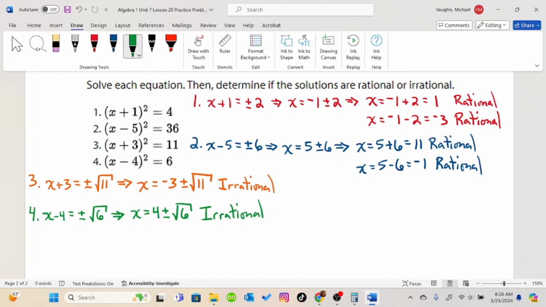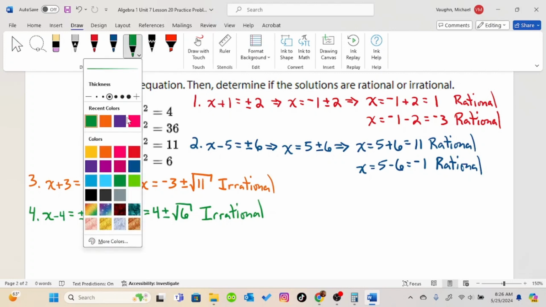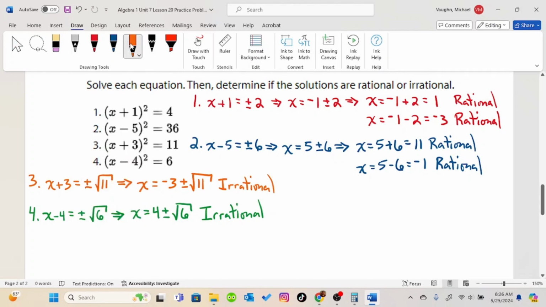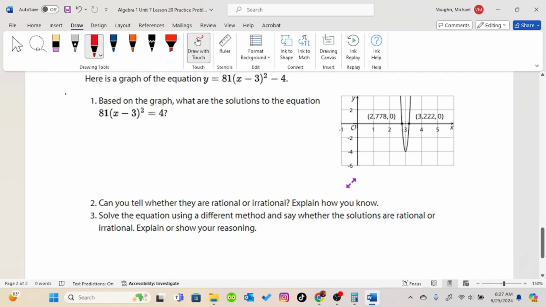If you have any questions about how to determine whether solutions are rational or irrational, please get clarification so that you are set up for success moving on into other practice problems. The last practice problem on lesson 20.